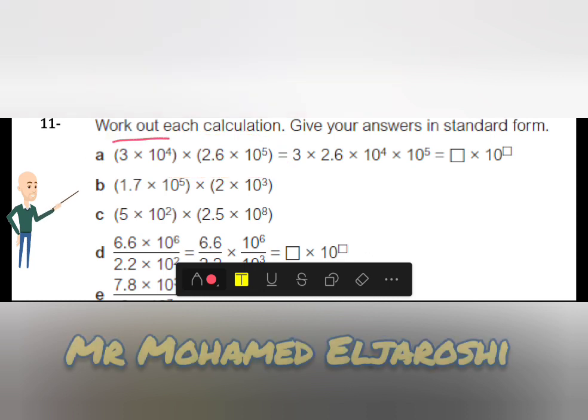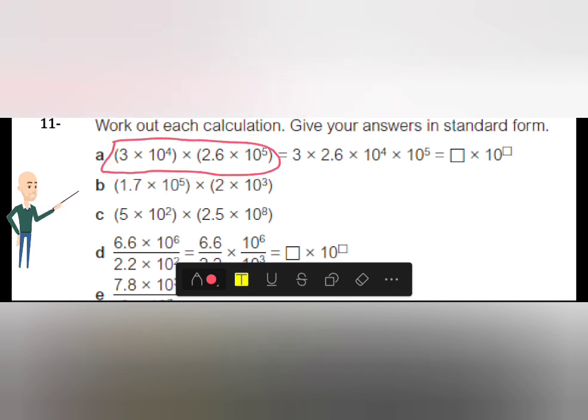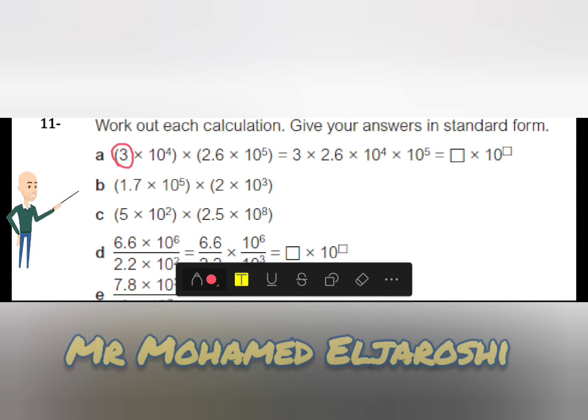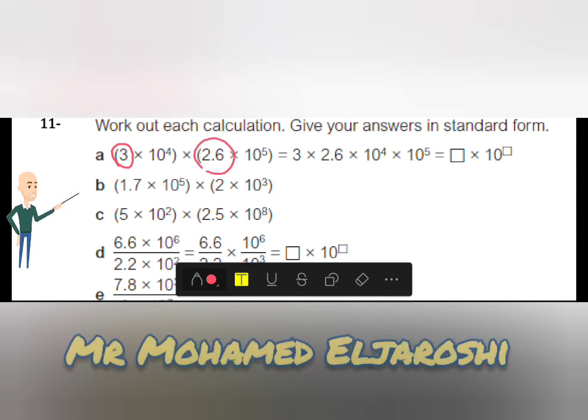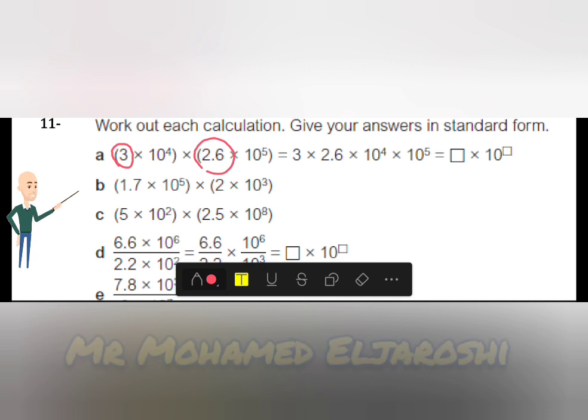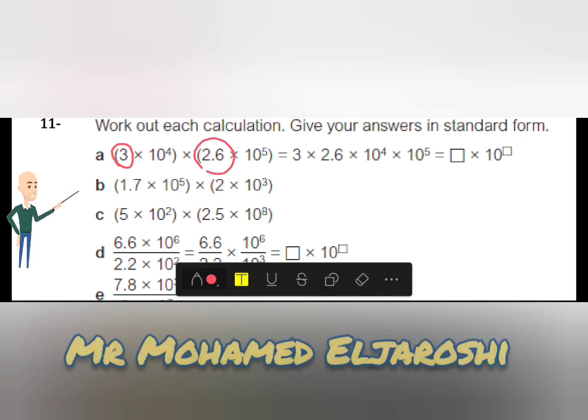Instead of multiplying all the numbers together, you can multiply this by this and check the answer. If the answer is in standard form, it means you're doing well. If it's not in standard form, you just have to move the decimal point.